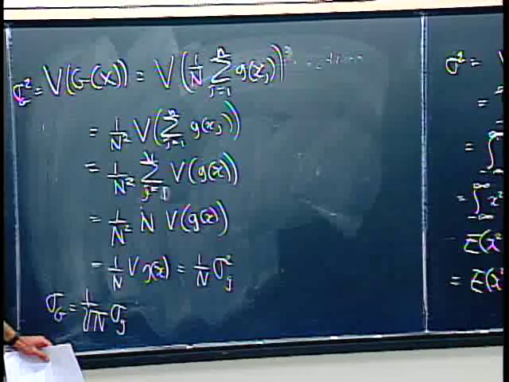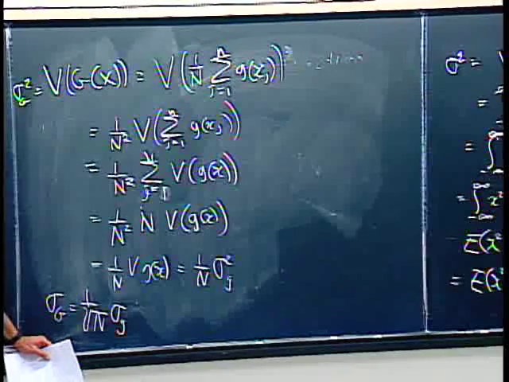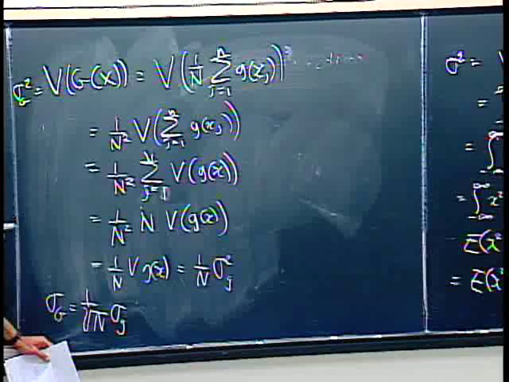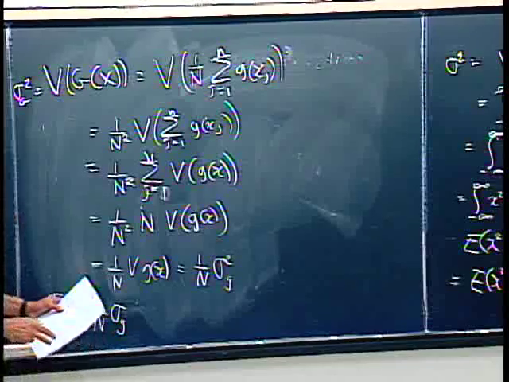If I flip it 4 times, I can make it a quarter. If I flip it 16 times, I could decrease by another factor of 2. So say you want to get your error to be 100 times smaller. You have to try 10,000 times as many trials, because it's the square root of that 10,000 that's going to give you the 100.